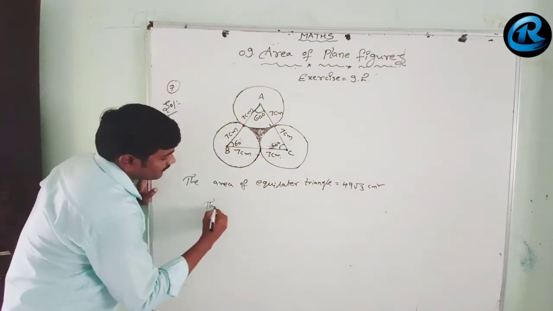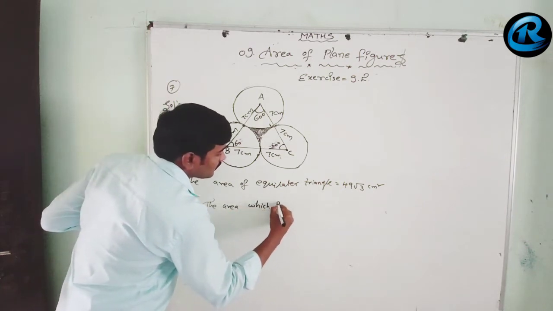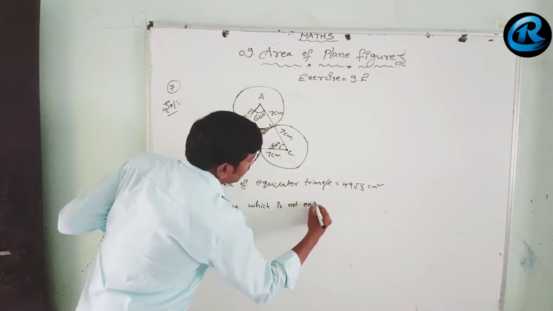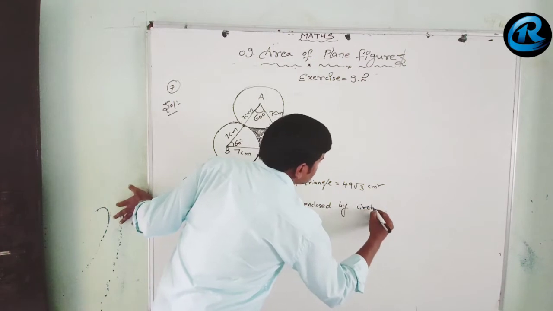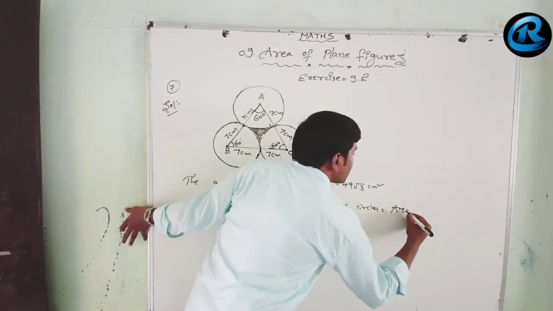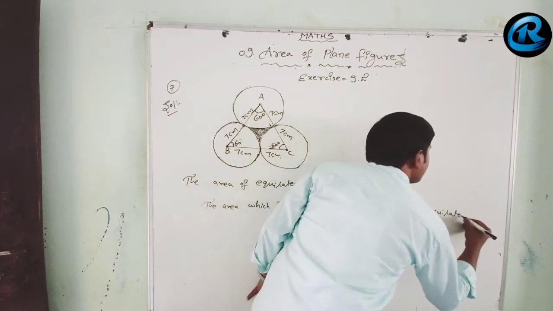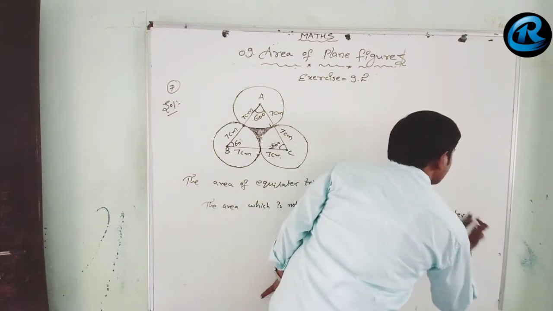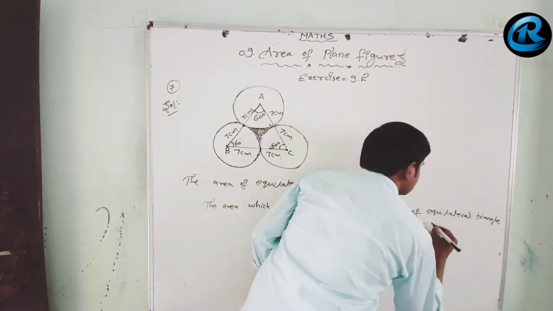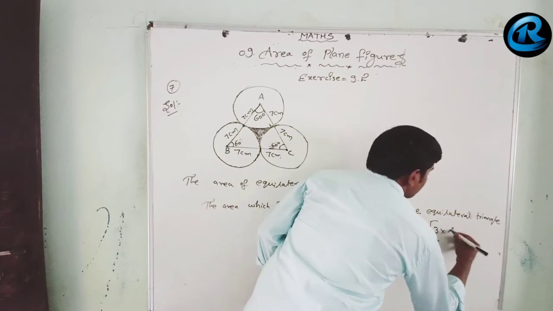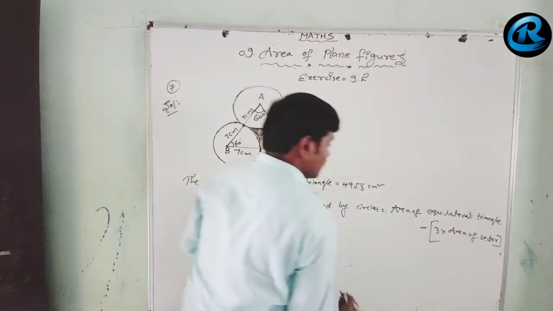The area which is not enclosed by circles is equal to area of equilateral triangle minus 3 into area of sector.